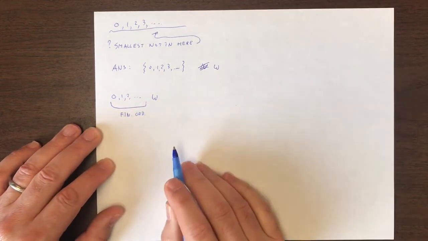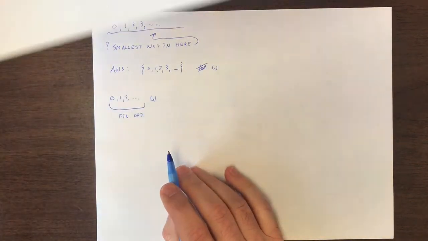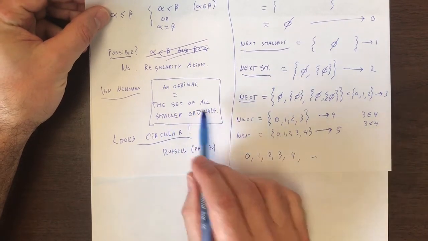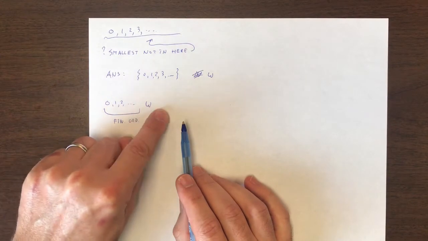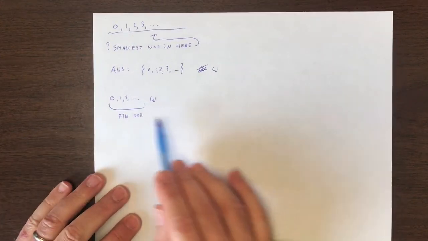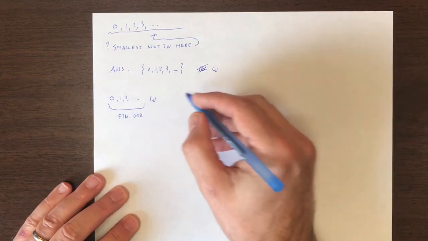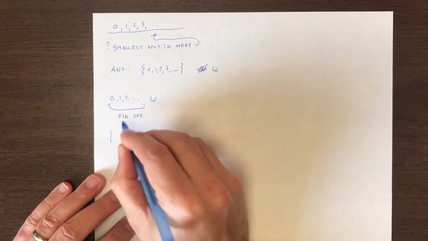So what's the smallest one that comes after that? Again, the smallest one that comes after that is just the set of all of these. So any ordinal is the set of all smaller ordinals. So the smallest one that's not in here must be the set of all of these. So the next one that comes after this is the set of all of these.